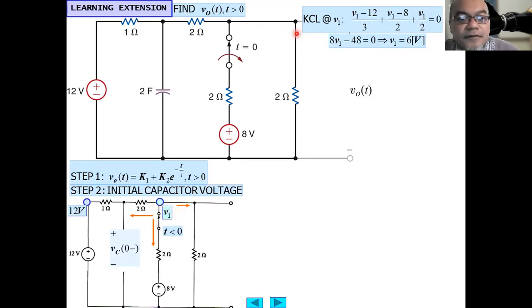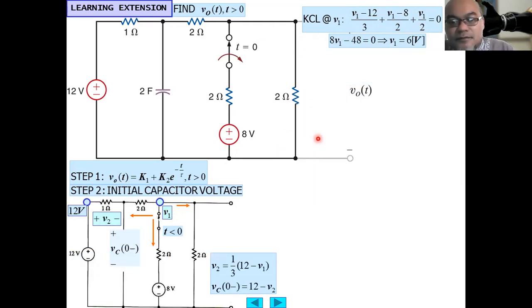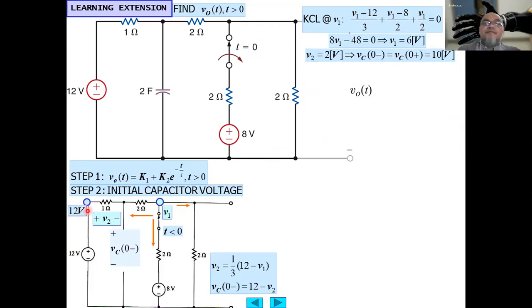Then the V output here, the V2, will be equal to 2 volt. From here it is 2 volt. The V1 is 6 volt, this is 12 volts, so 12 minus 6 is 6.